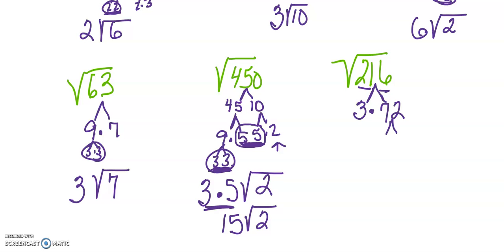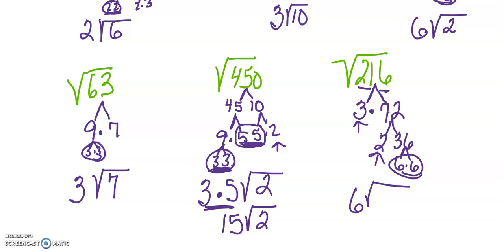72. It divides by 2. 2 goes into 7 3 times with 1 left over, and 2 goes into 12 6 times. Now 36, I know that's a perfect squared number, so I know I can get a 6 out. Now this 3 and this 2 do not have a pair.